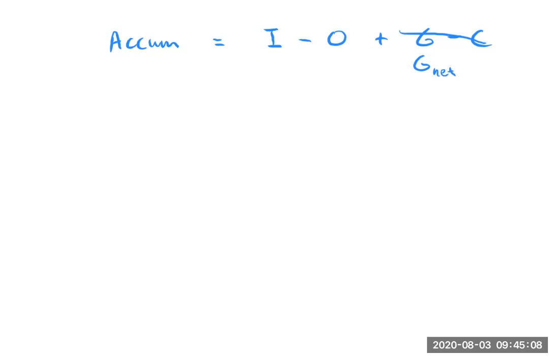We have a volume, and if we're thinking about the accumulation term for a given species, we have a certain number of moles in that volume, and accumulation is how much that amount of moles is changing over time. We know that, so it's a time derivative.